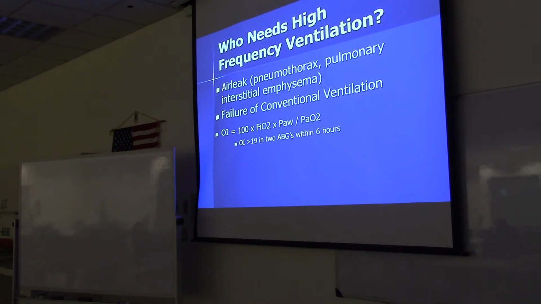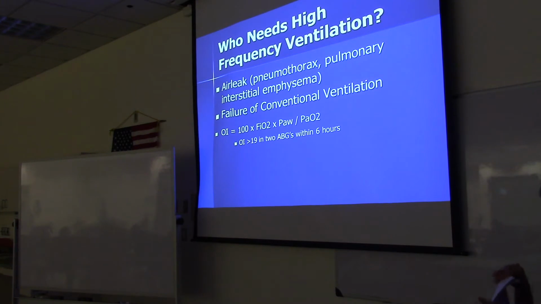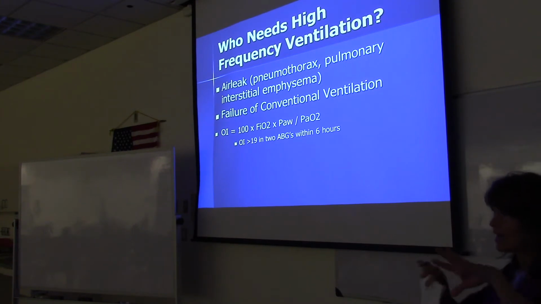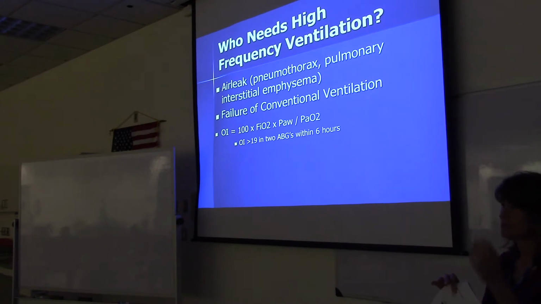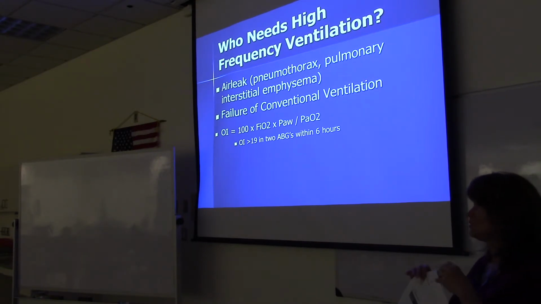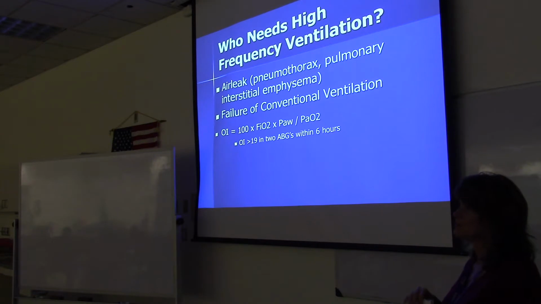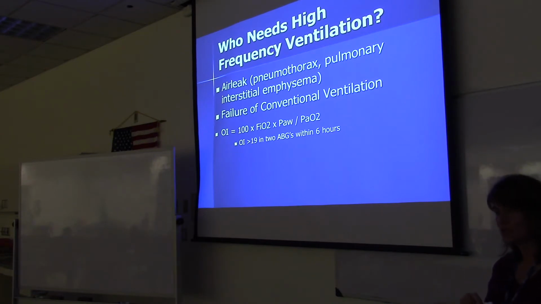Patients that are typically recommended to be placed on high frequency ventilation include those with an air leak. So if you have a pneumothorax, that means you've got a hole in your lungs. Some alveoli popped, and now there's a communication between the inside of the lungs and the pleural space. And when you put air into the lungs, it just leaks out into the pleural space. So a chest tube is needed.